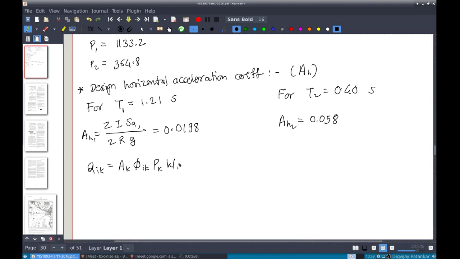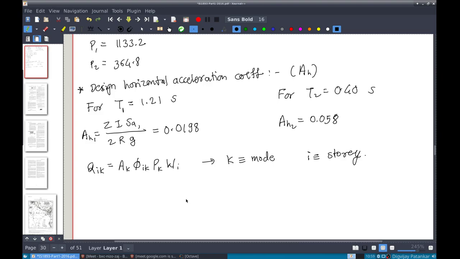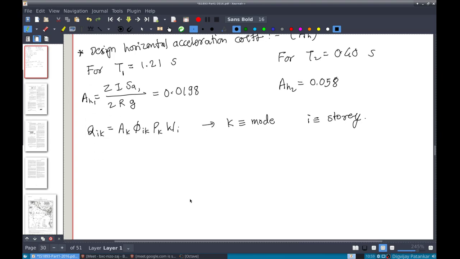So now k corresponds to mode here, and i corresponds to story. So first story, second story, third story, and so on. So I think the time is over. We will continue with this in the next class.